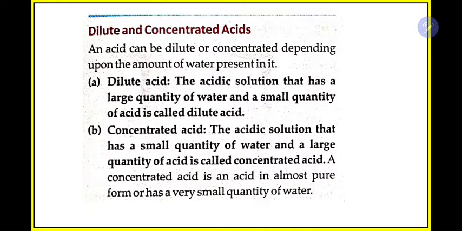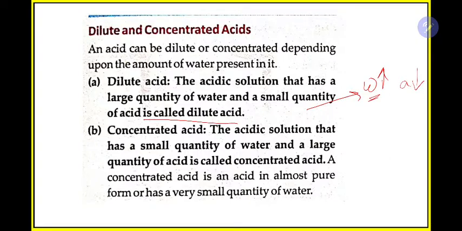So in terms of book language, what is dilute acid? The acidic solution that has a large quantity of water and small quantity of acid is called dilute acid. That means the type of acid in which water is more and the actual acid is less.